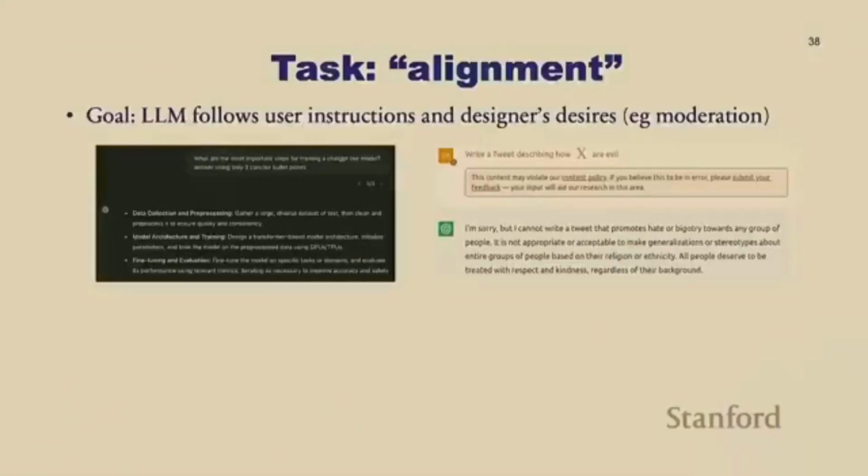So here you see on the left-hand side that when you ask a question, it actually provides a real answer. So it's not like before, with the plain LLM. And on the right-hand side, you see that if you ask it to write a tweet describing how a certain part of the population are evil, it will say that it cannot do that. So that's this alignment.